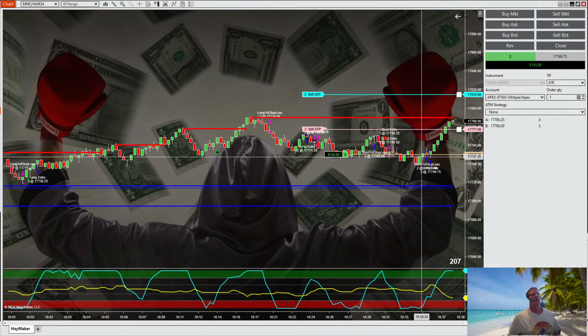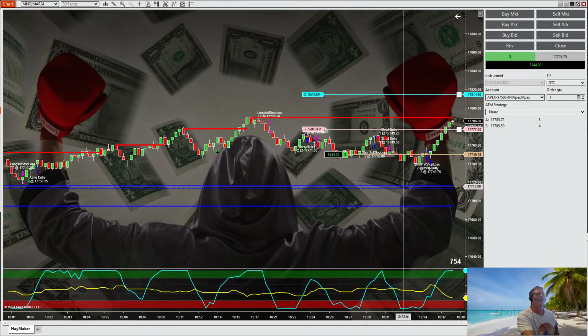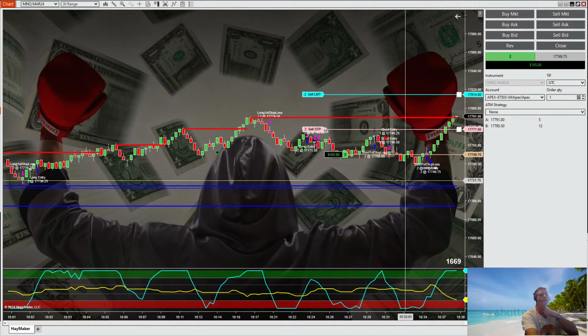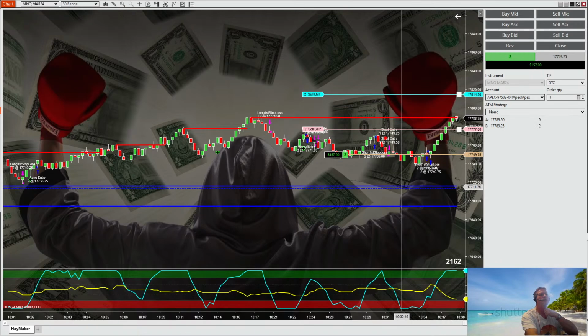Get up through there. We'll have to break through this area right here. This is a big test right here. A lot of sellers. Come on, get through there. Push it through.